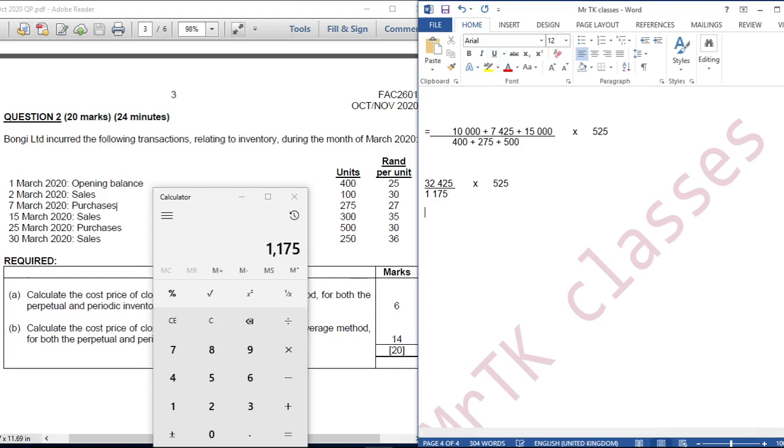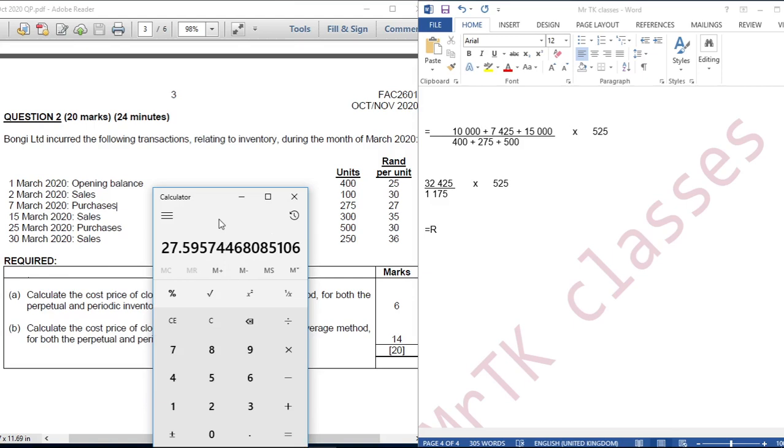Now we need our final answer, and our final answer is going to be in rands because this is closing inventory. Okay, so before we go to our final answer, I just need to cross check this calculation. 10,000 plus 7,425 plus 15,000, the 32,425, divided by 1,175.